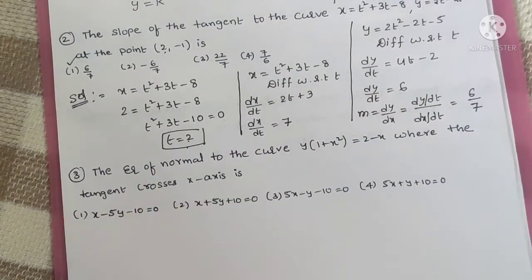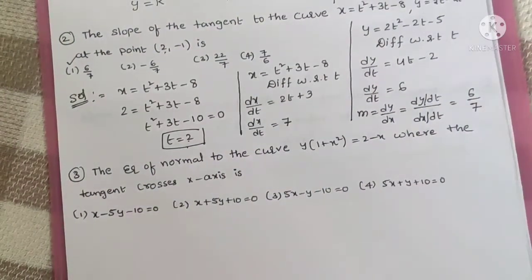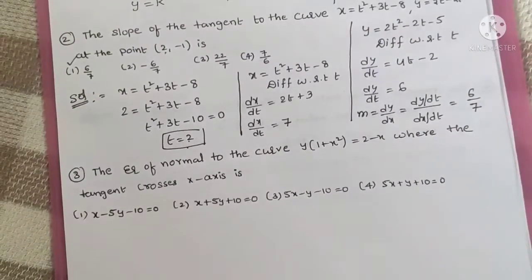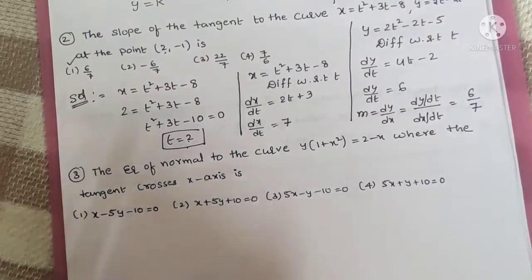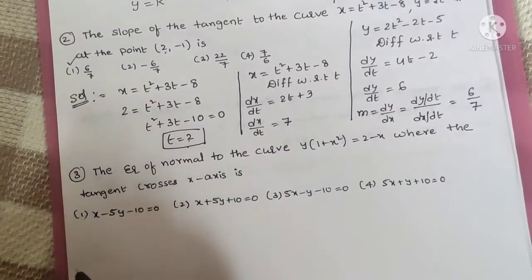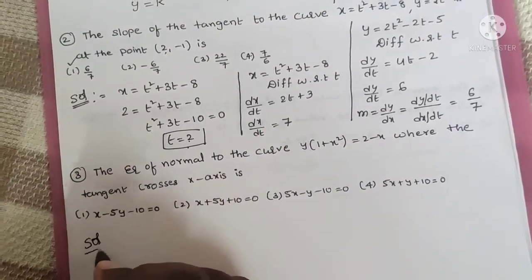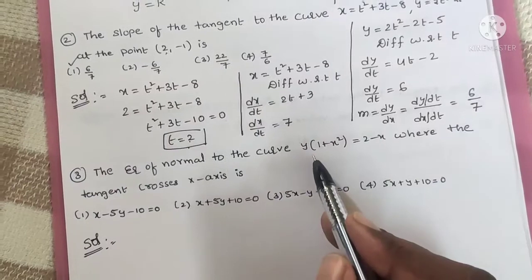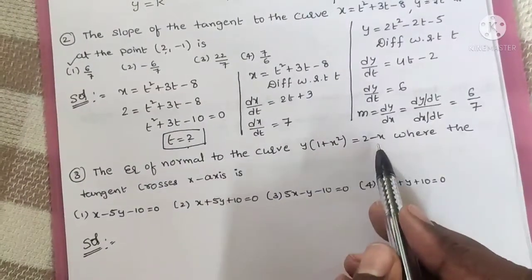You observe question number 3. What we need to find? We need to find the equation of the normal to the curve, at the point where the tangent crosses the x-axis. First, the given curve is y into 1 plus x square is equal to 2 minus x.